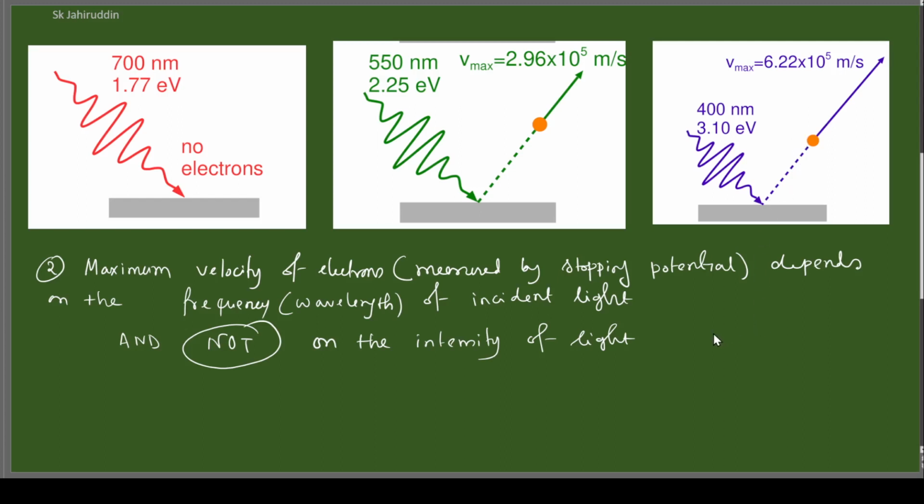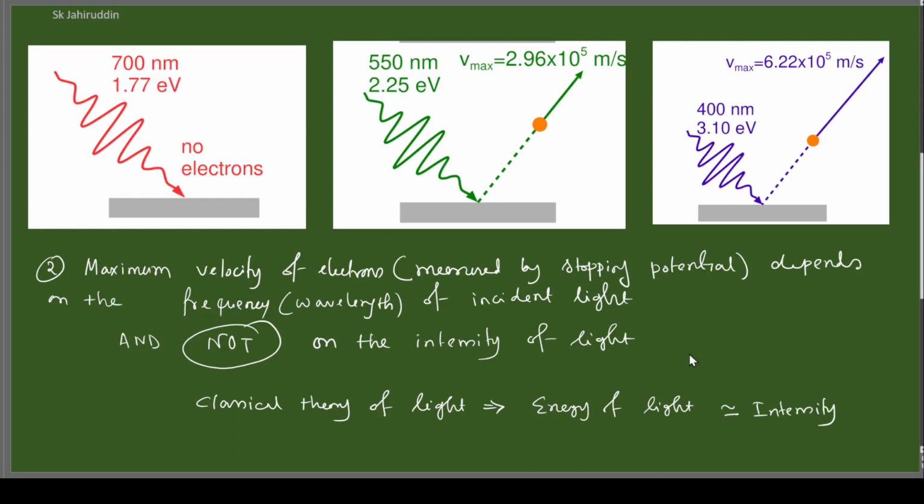Classical theory tells me that the energy of light is proportional to the electric field, which means energy should be proportional to intensity.